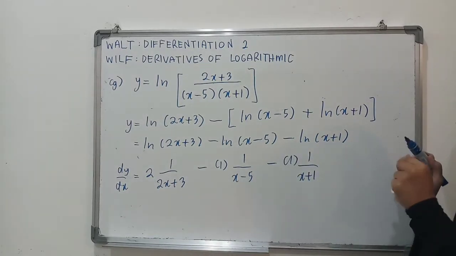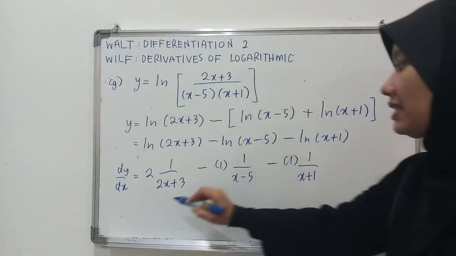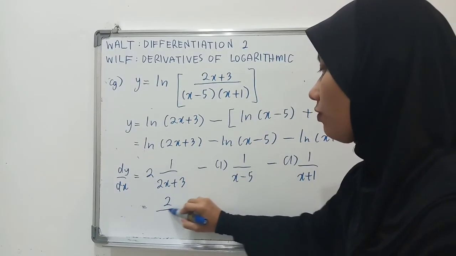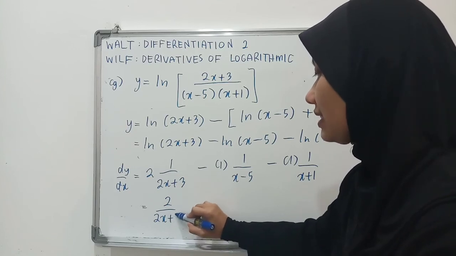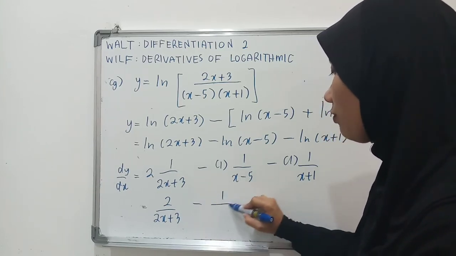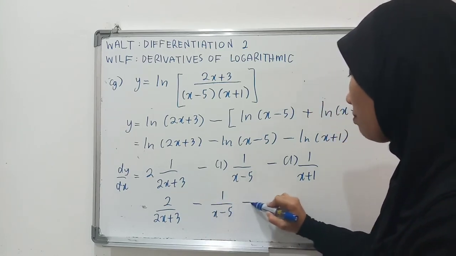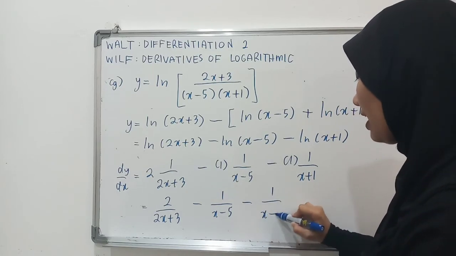Do not leave your answer in this form, simplify your answer. That is just 2 over 2x plus 3 minus 1 over x minus 5 minus 1 over x plus 1.